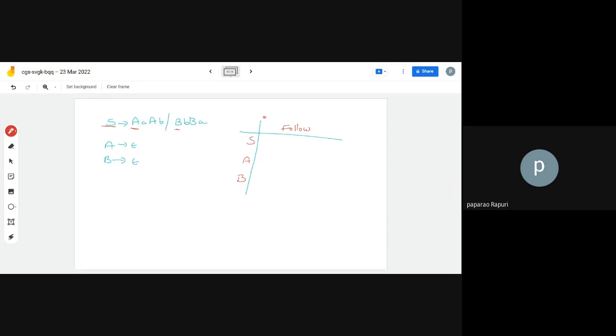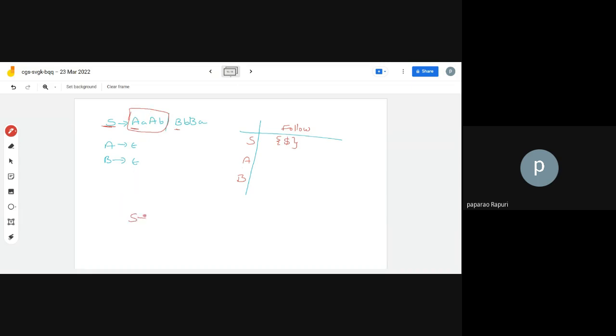Coming to here, follow of S is equal to dollar. And coming to follow of A, this is the production we have.